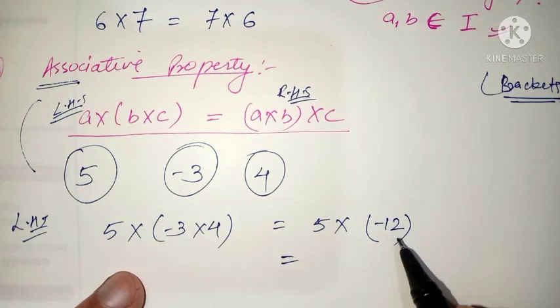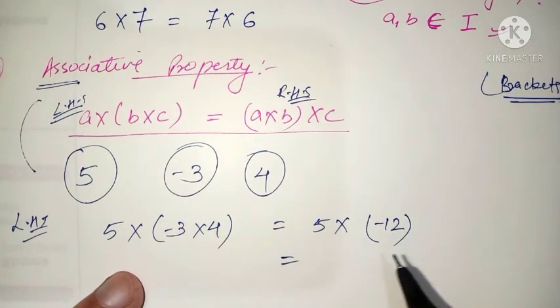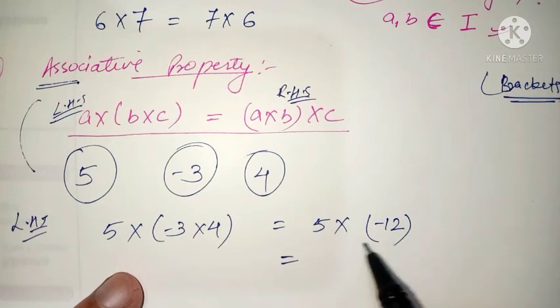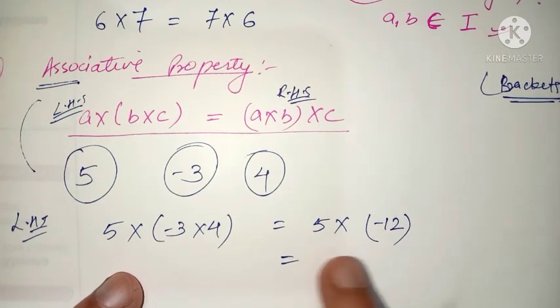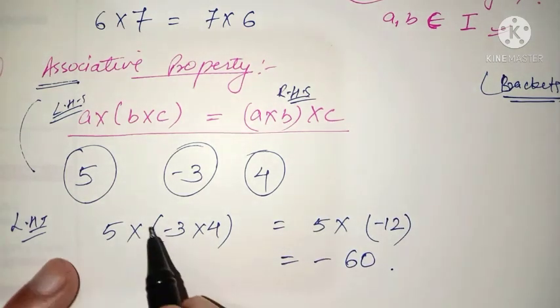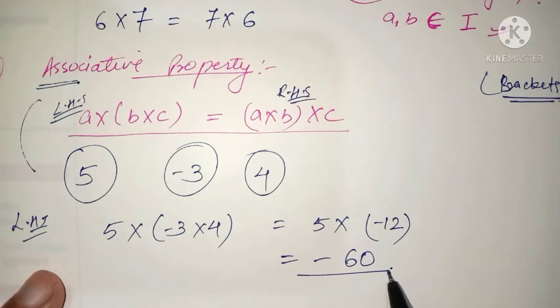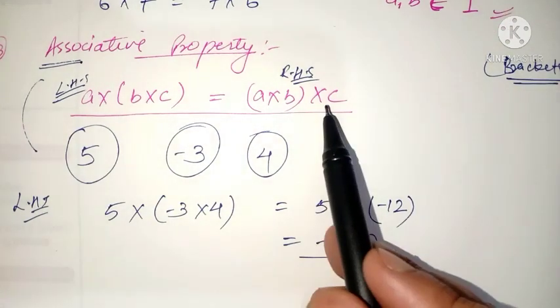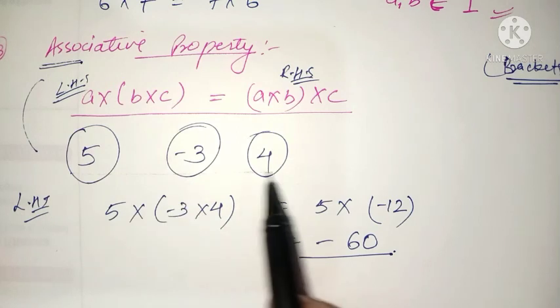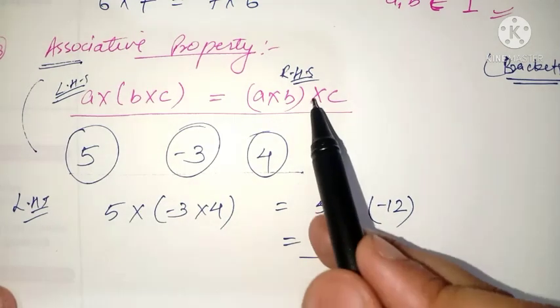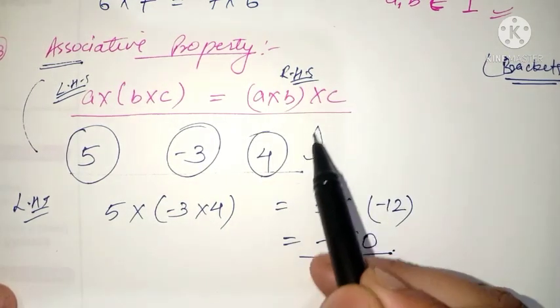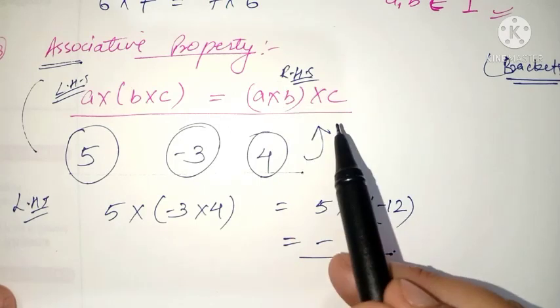We have studied how integers are multiplied. This is a negative integer, this is a positive integer, so the answer will be negative, and 12 fives are 60. So LHS is giving us -60. Let's see what RHS gives us with the same set of numbers but a different arrangement of brackets.